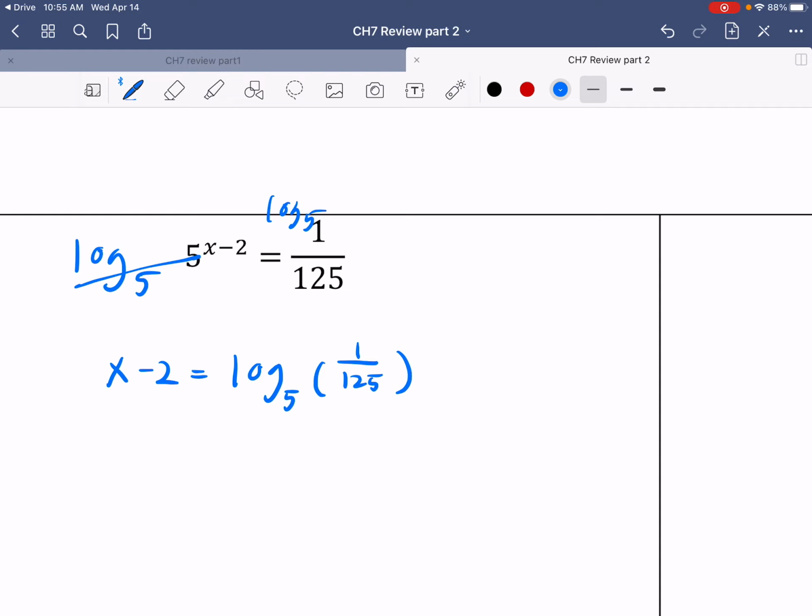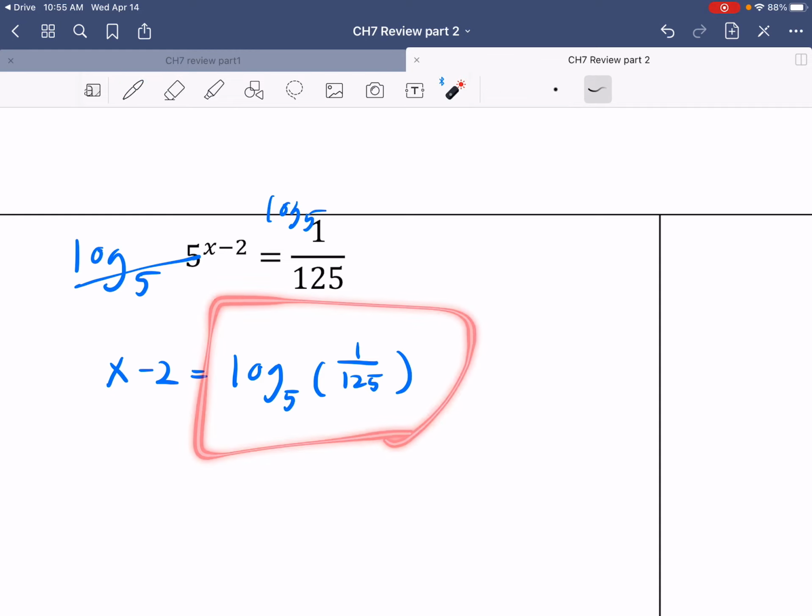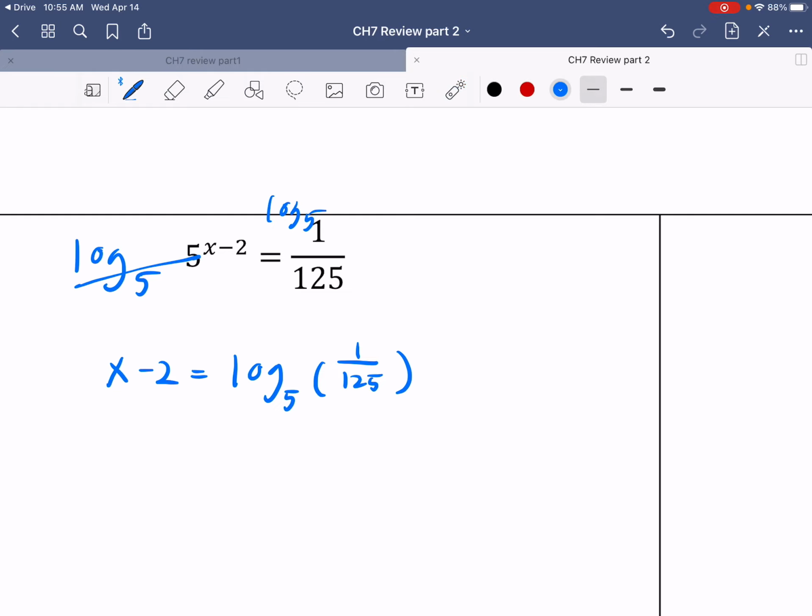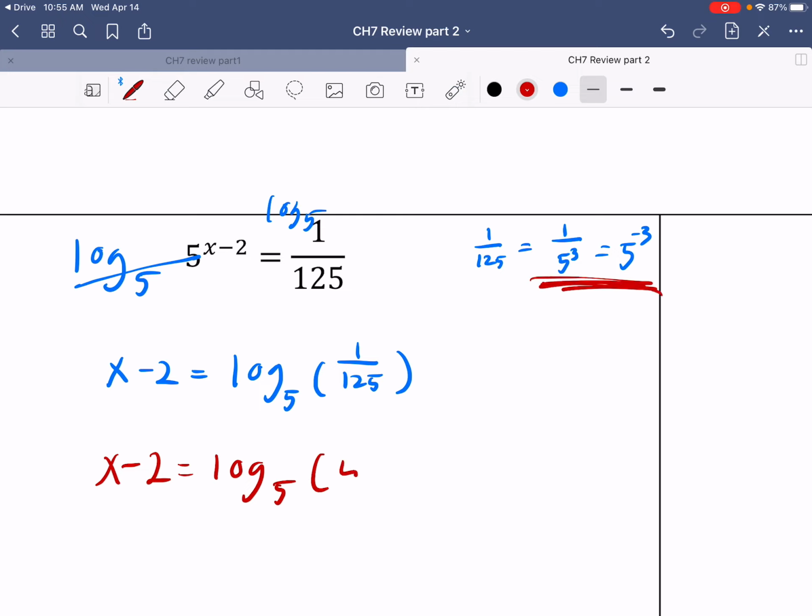Now this one, you can just put this one into calculator. I think that's the easiest way. Or you can do it by hand because 1 over 125, this one is same as 1 over 5 cubed, right? Which is 5 to the negative 3. If it makes sense to you, because that's a negative reciprocal rule, this part, okay?